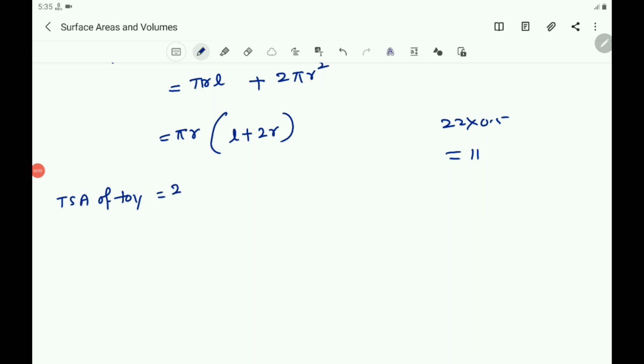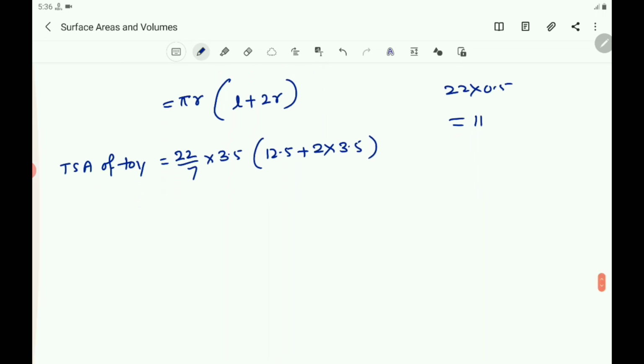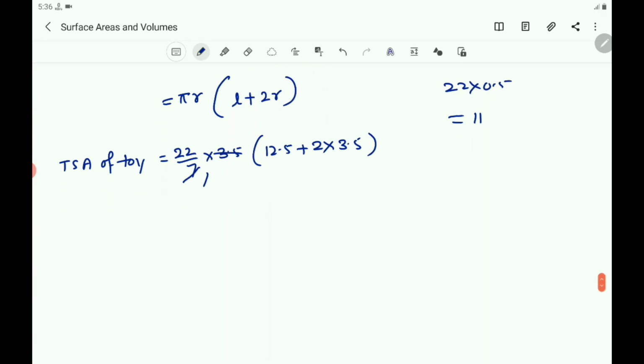pi value take 22 by 7 into r. r is the radius, that is 3.5. L is 12.5 plus 2 into r, 3.5 into 2 is 7. 22 by 7 into 3.5: 7 1s are 7, 7 5s are 35, 22 into 0.5 is 11.